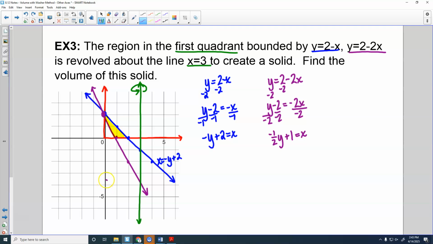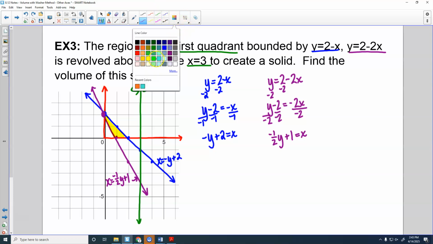So this graph right here is x equals negative 1/2 y plus 1. Okay, it's easy to forget to do that on these problems, especially when they give you all your equations in terms of x. But you have to if it's in terms of y.